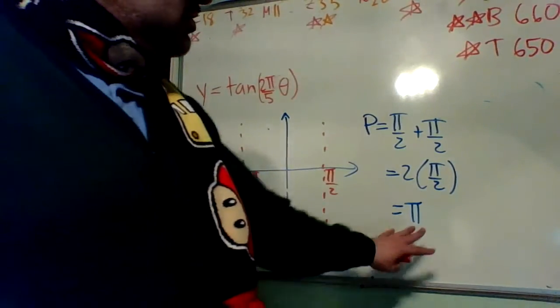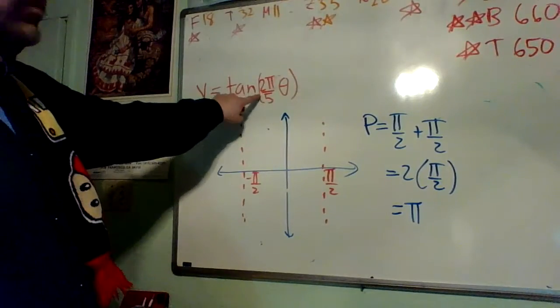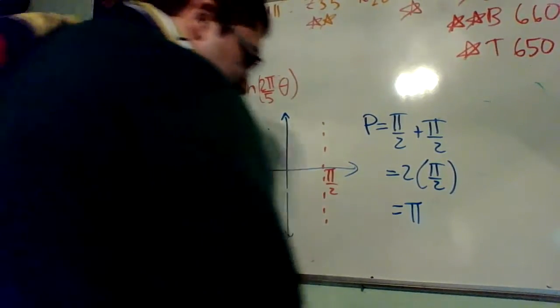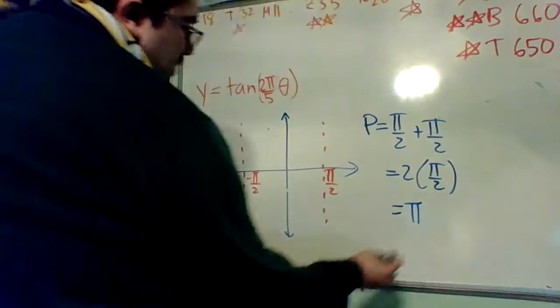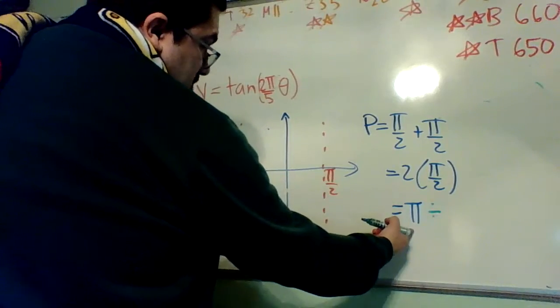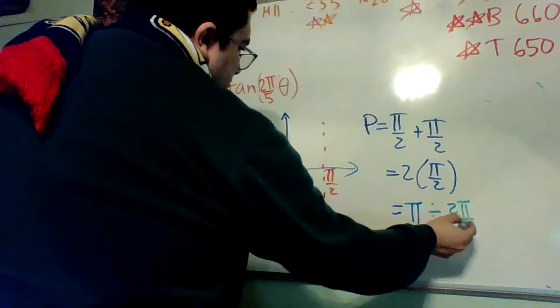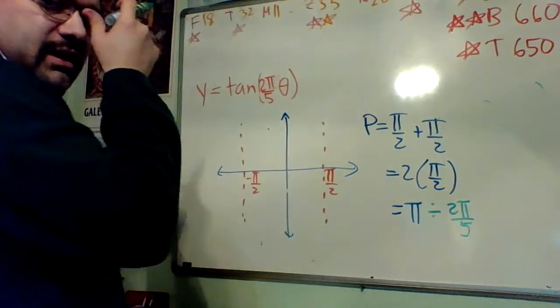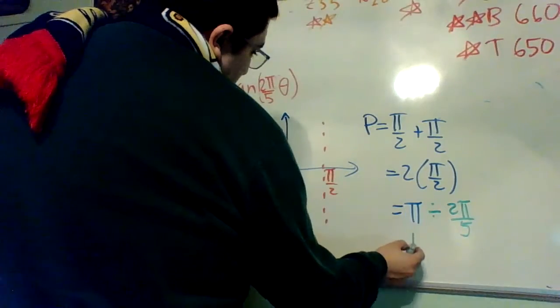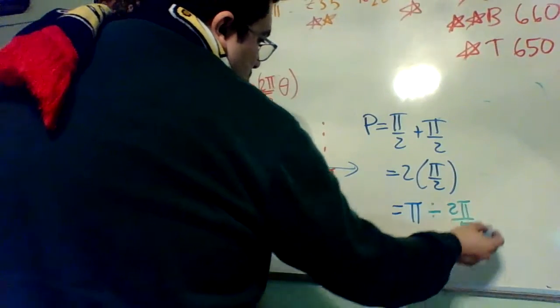Now let's use this value of pi, which we're going to alter by the 2/5. For the B value, we have to divide our original period by 2 pi over 5. When we divide, we're just KFCing it: keep it, flip it, change it.